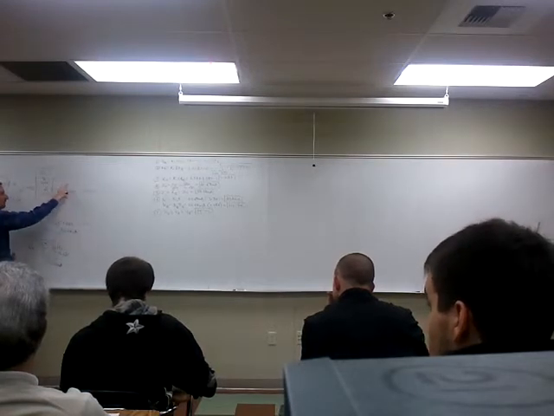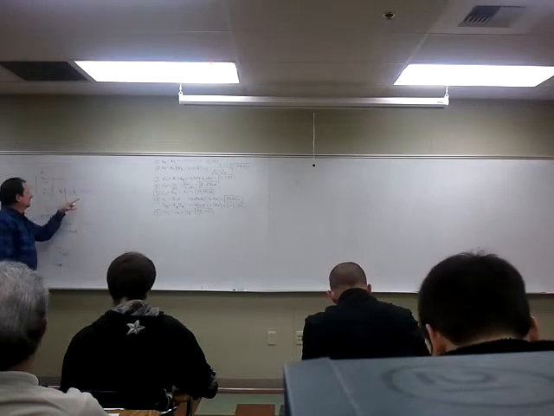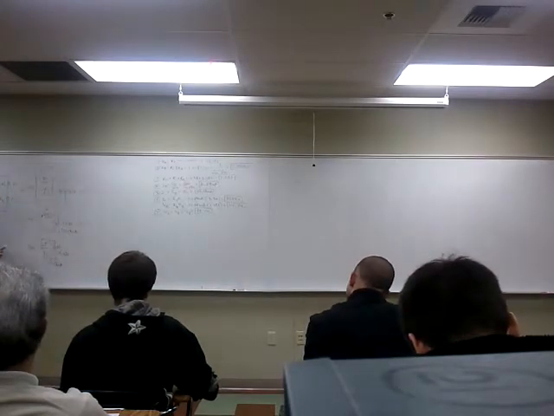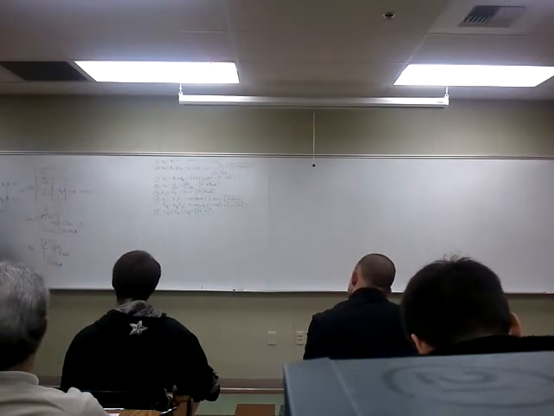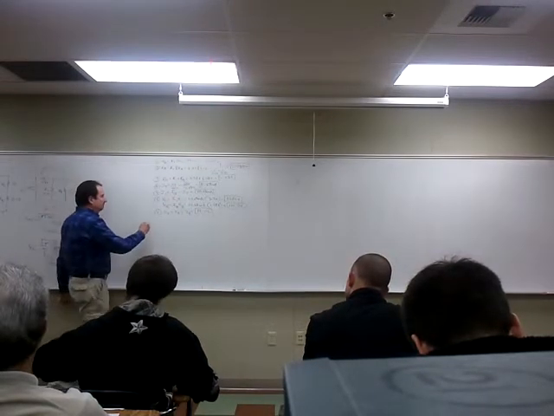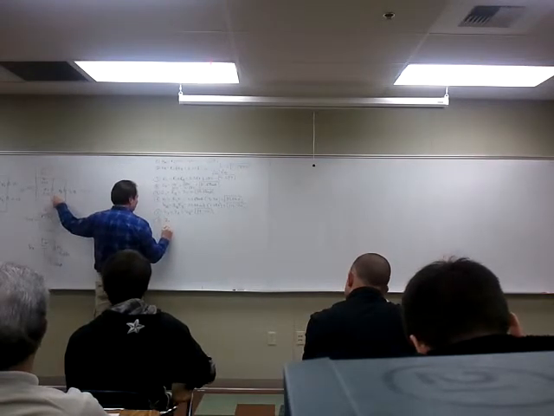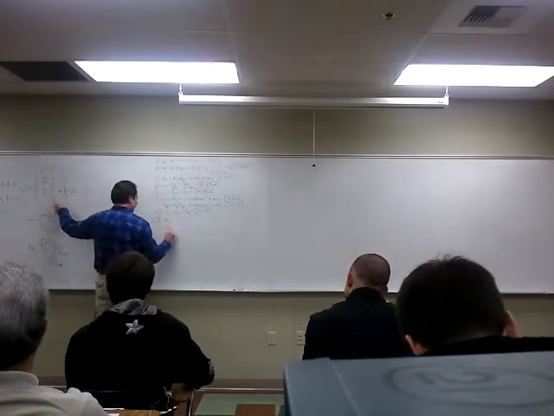Now that we know the voltage here, we know V2, we know VA, and we know R2 and RA. We can find the current flow, can't we? So we can find I2, and we can find IA.